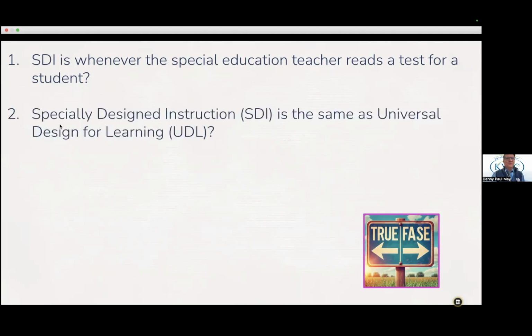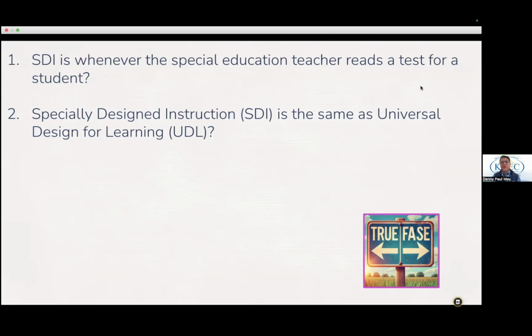Okay, let's go with the next one. SDI is the same as universal design for learning. Now, universal design for learning is a concept that came along from architecture, and it's a concept that allows teachers to pre-plan for differences and to allow students to show what they know in a variety of ways and have choice.